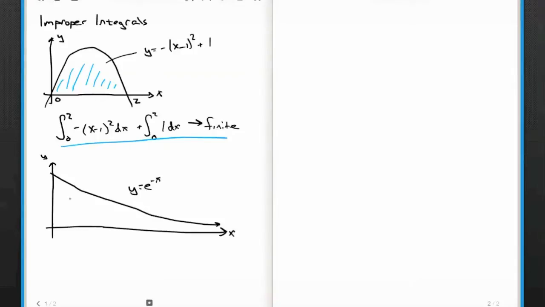Well, when x equals 0, this equals 1, right? So right there. And as x gets really big, y gets really small, but it never gets all the way to 0. So what if we said, what is the integral from 0 to, well, since it never really ends, we've got to go all the way to infinity of e to the negative x dx.